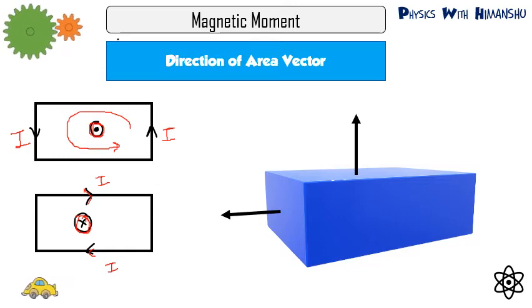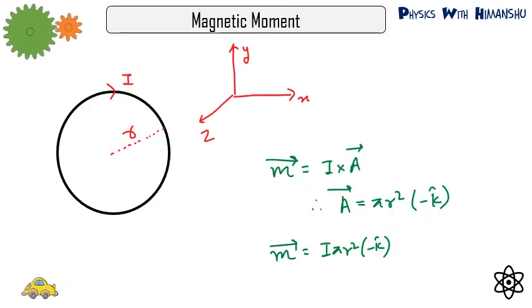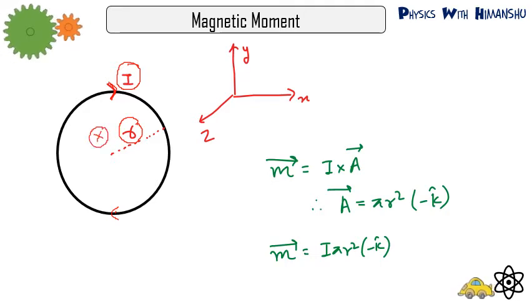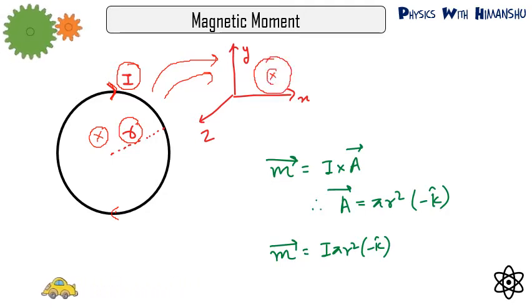Let's discuss with some numerical part. Suppose it's a very simple question in which there's a circle in which current I is there, the radius is R, and we need the area vector. The current here is clockwise, so area vector will be inwards. If you put this loop in the Cartesian plane, the area vector will be inwards.